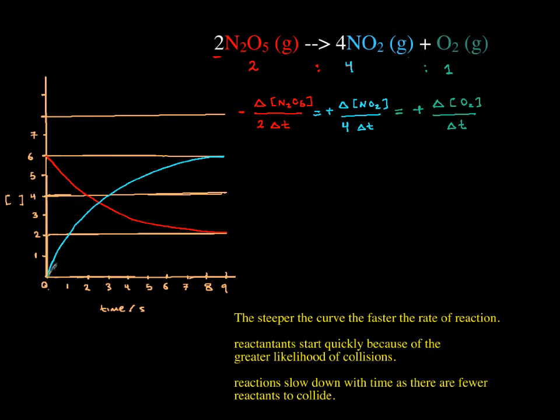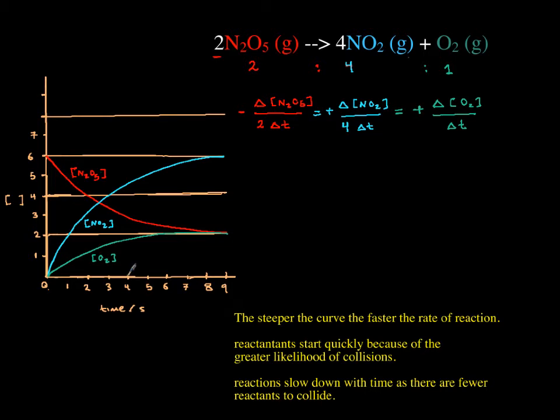And then again, compared to itself, it's fast at the beginning, but then it's going to slow down. So this is the change in concentration of oxygen versus the change in concentration of NO2 compared to the concentration of N2O5.